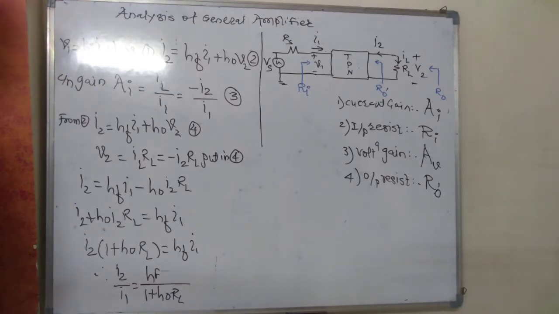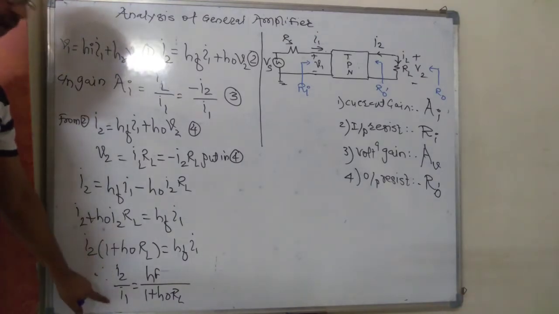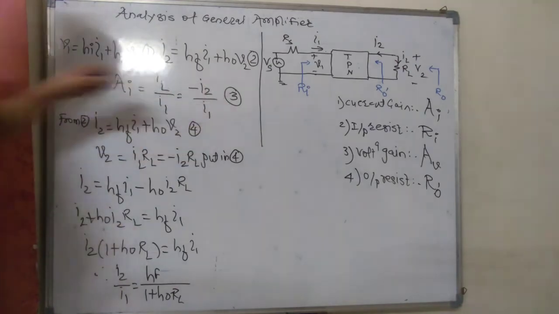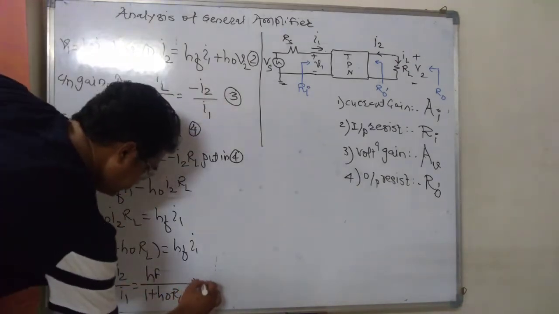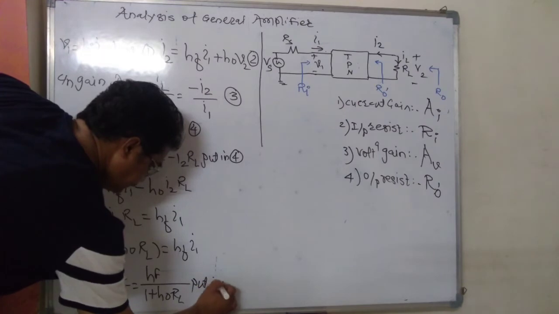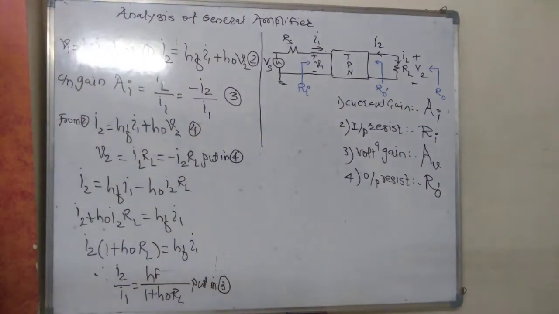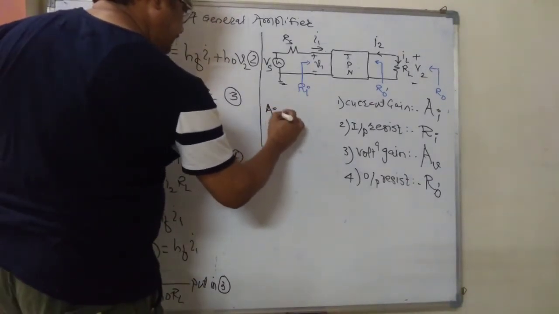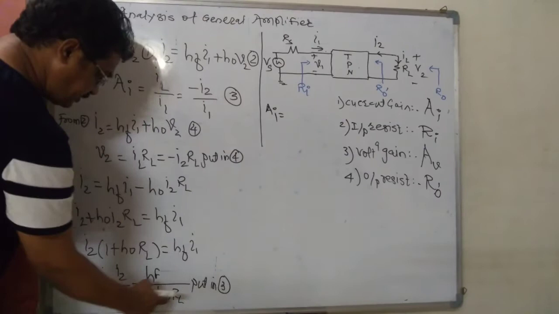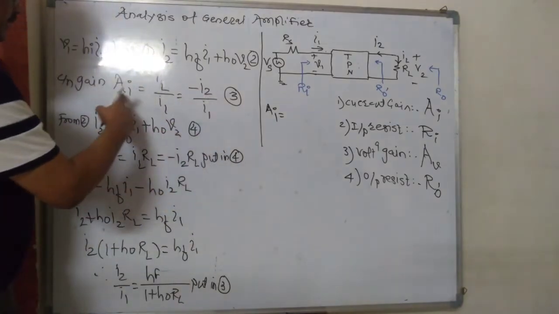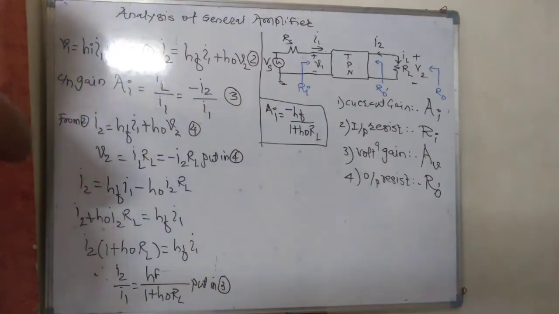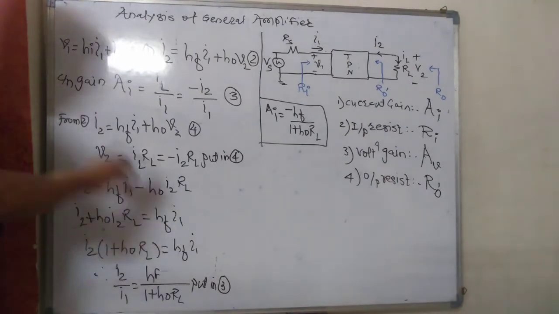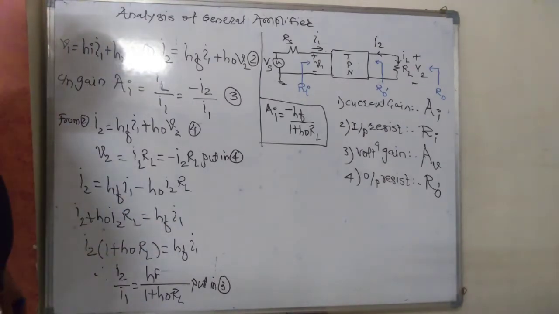Right? Put this I_2 upon I_1 in equation number 3. So the first formula, A_I, is equal to minus I_2 upon I_1, which is derived.